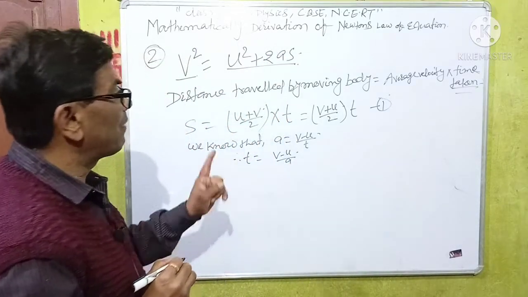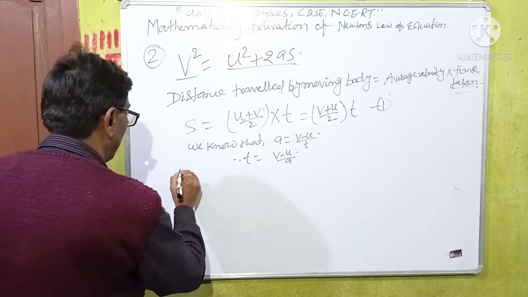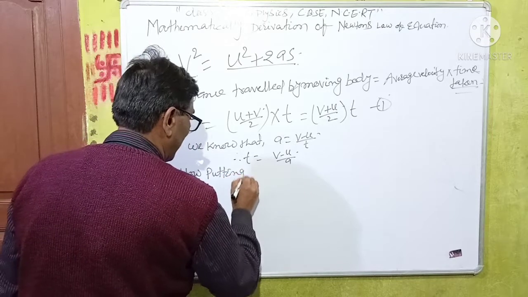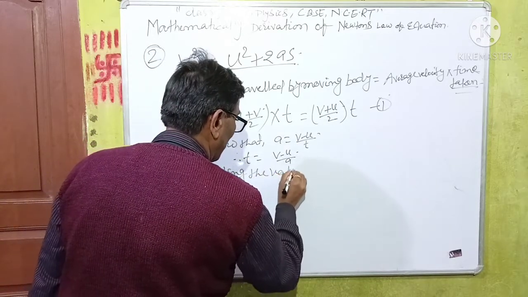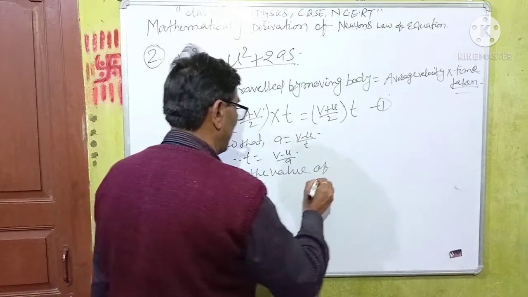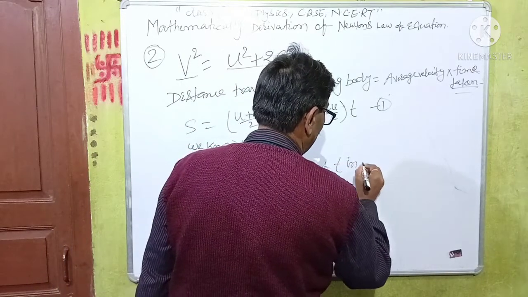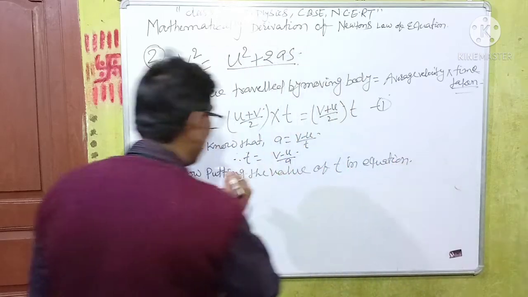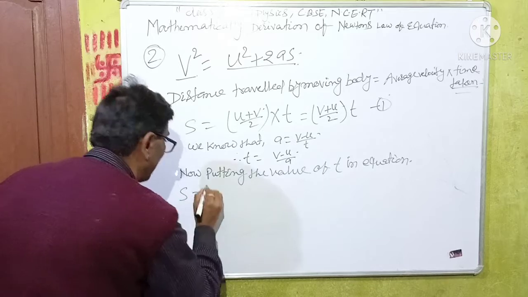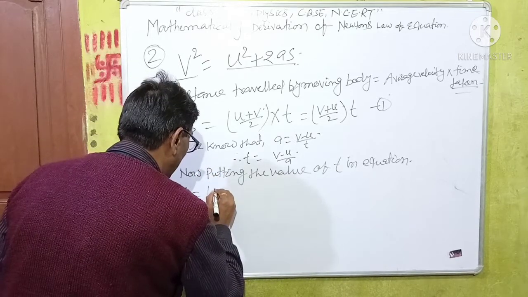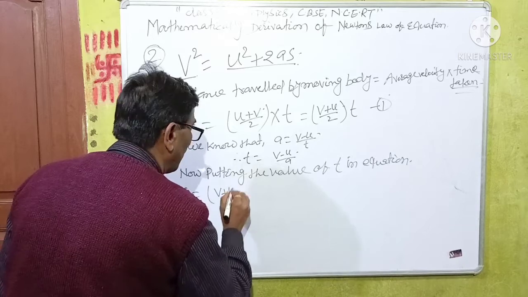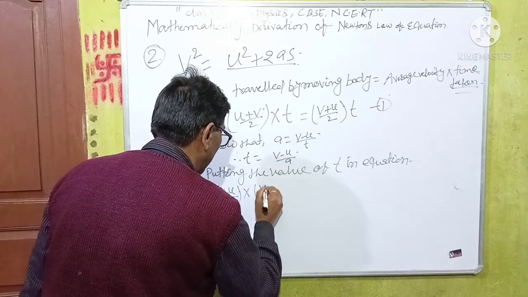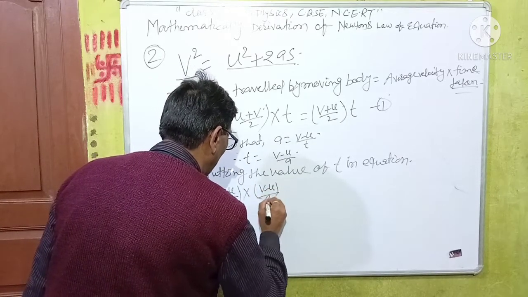Now putting the value of t in equation first, we get s = ((v + u)/2) × ((v − u)/a).